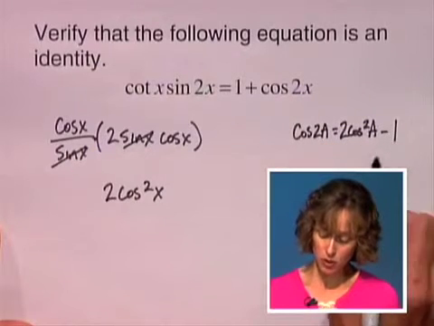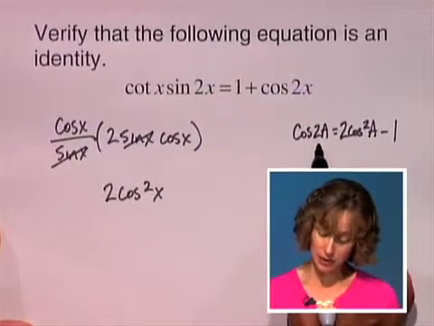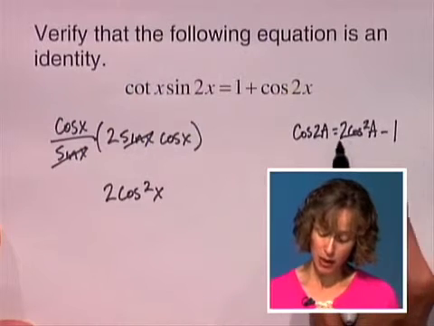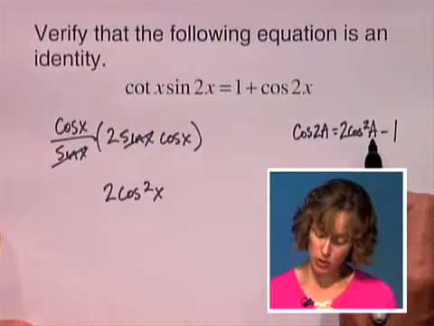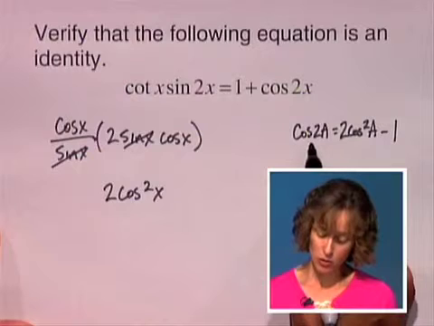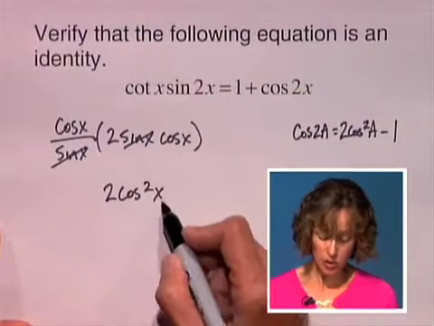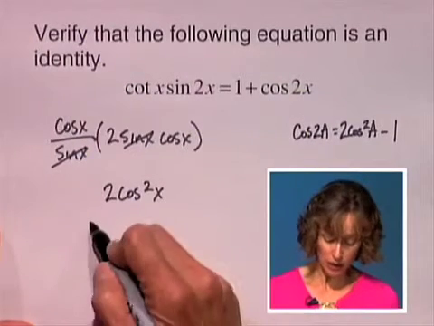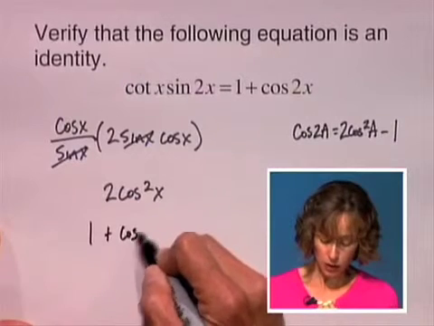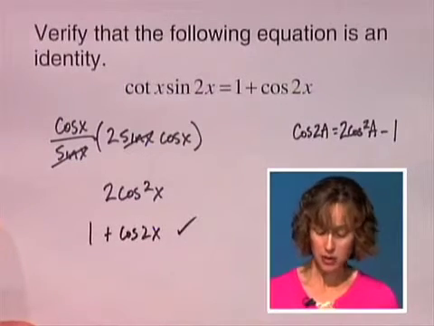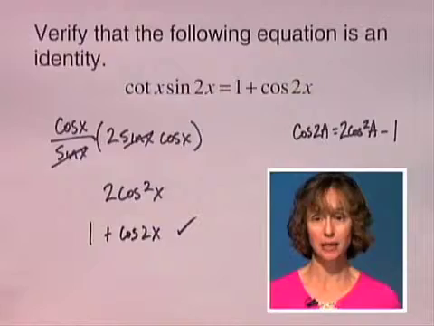Notice that if I took this one and added it to the left-hand side, I would have a statement that says 2 cosine squared of a is cosine 2a plus 1. So I can conclude that what I have is 1 plus cosine 2x, and I verified that identity.